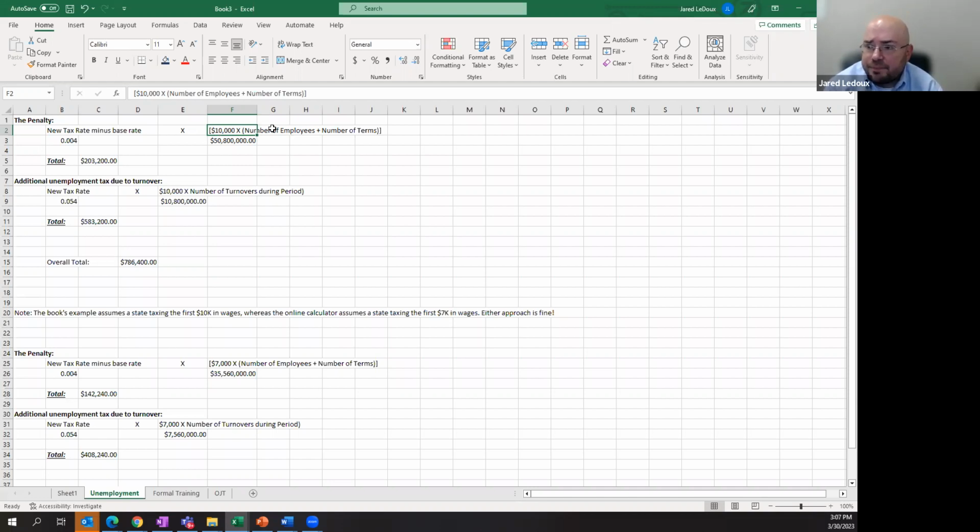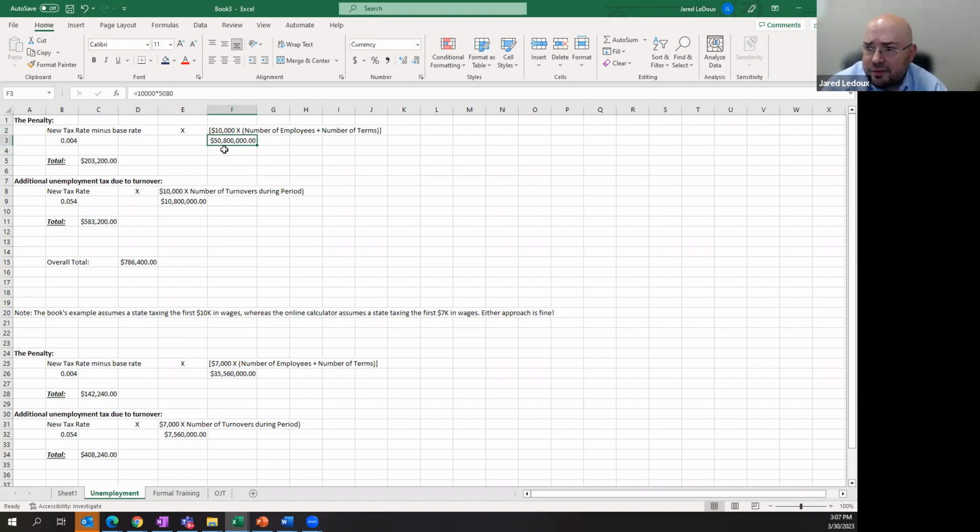We know that they have 4,000 employees, but it's not just 4,000 times the $10,000. You also lost 1,080. So it's 4,000 plus 1,080. That gives you 5,080 total employees in which you're going to be taxed on the first $10,000.